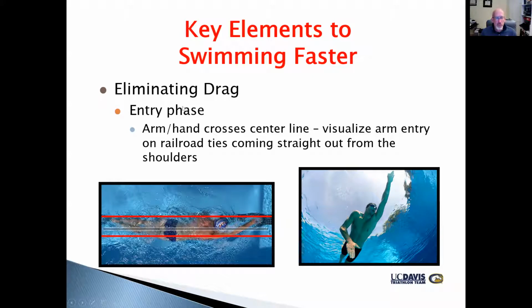Okay, so let's move on here to a couple of positions with the arms and how they relate to drag. The first one is the entry phase, and that's the phase at which your hand and arm enters the water. The way it creates drag primarily is when your hand crosses over this midline here. This midline is an axis point, which I mentioned earlier.